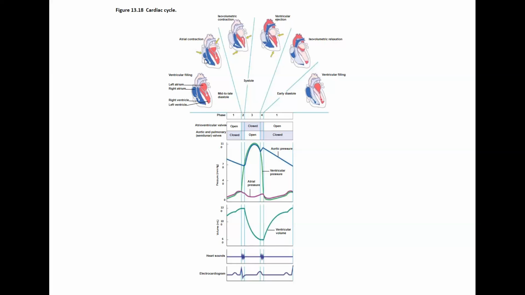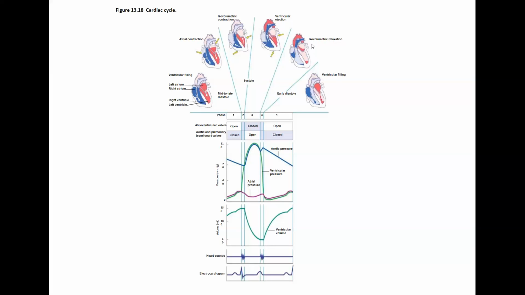At the end of this phase, the atria contract, pushing the rest of the blood into those ventricles. Then, systole, our ventricles start to contract. At first, they do this with the valves closed. Then they overcome the necessary pressure to open the semilunar valves, and we enter ventricular ejection. Blood starts to leave those ventricles through the arteries, so through the pulmonary trunk and through the aorta.